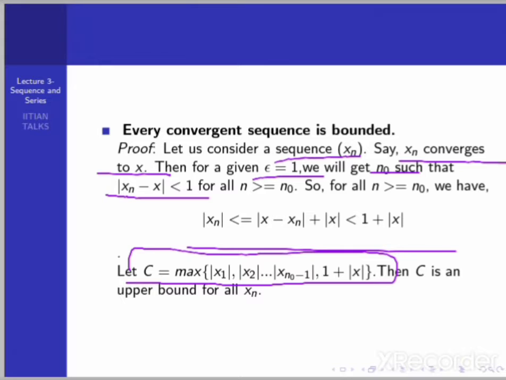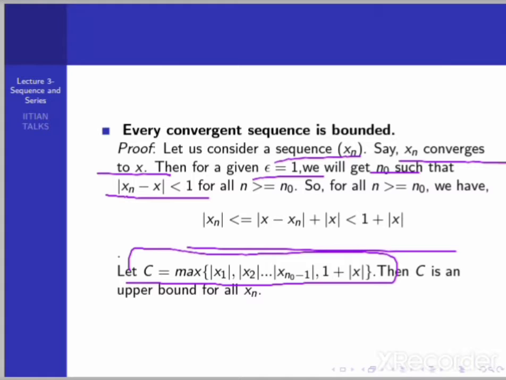So for that we need something that gives a uniform upper bound for all the elements of xn. You can take the maximum of 1 + |x| with the maximum of |x1|, |x2| up to |x(n naught - 1)|, because we don't know whether 1 + |x| is greater than |x1|, |x2|.